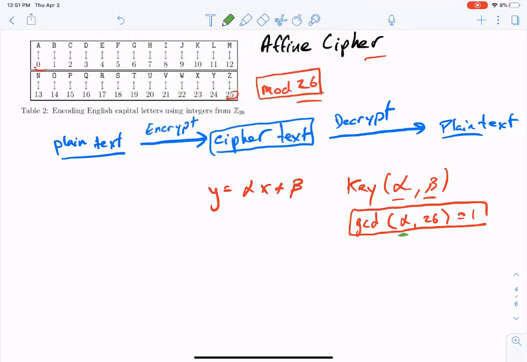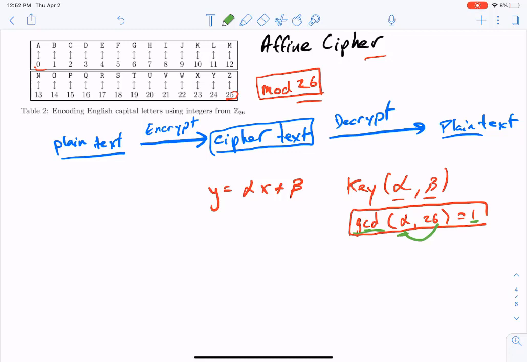Greatest common divisor is the same thing as greatest common factor. So the greatest common factor of alpha and 26 needs to equal 1. And between 0 and 25, there's only 12 possibilities where that's true.